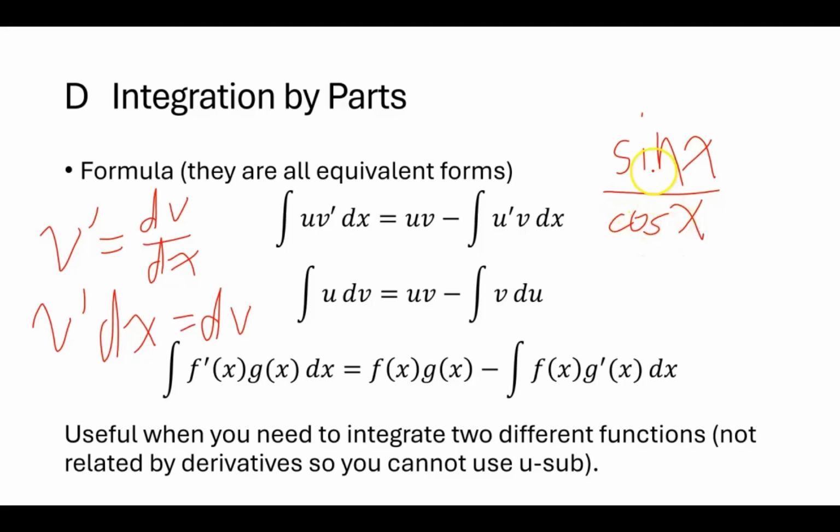But because the derivative of cosine is negative sine, they are related by simple derivatives, and you don't need to use integration by parts in this case. You can just use u sub. But for more different functions and harder cases, integration by parts is useful.